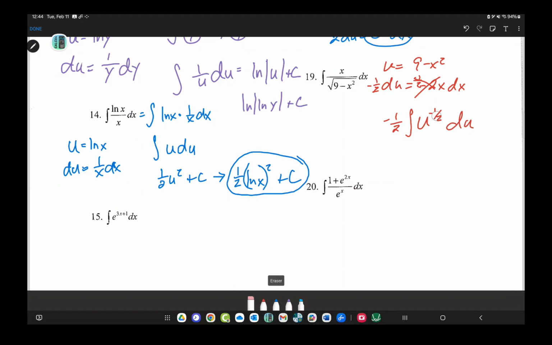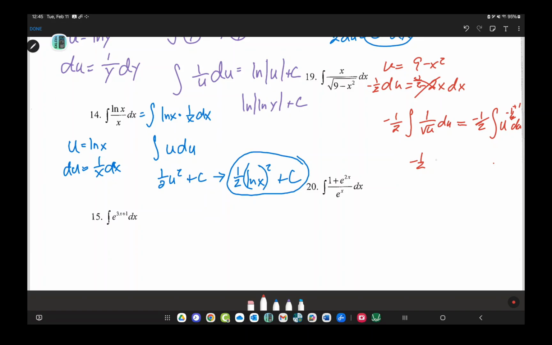I'll put it on there and then I'll convert. So 1 over the square root of u du, which is negative 1/2 integral of u to the negative 1/2 du, just so we know where it's coming from. Doing integration means we add 1 and get positive 1/2, divide by the sum, we get a positive 2.